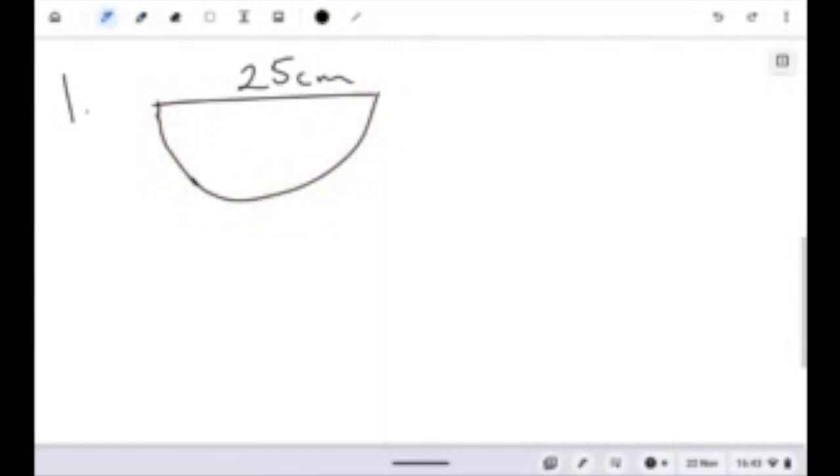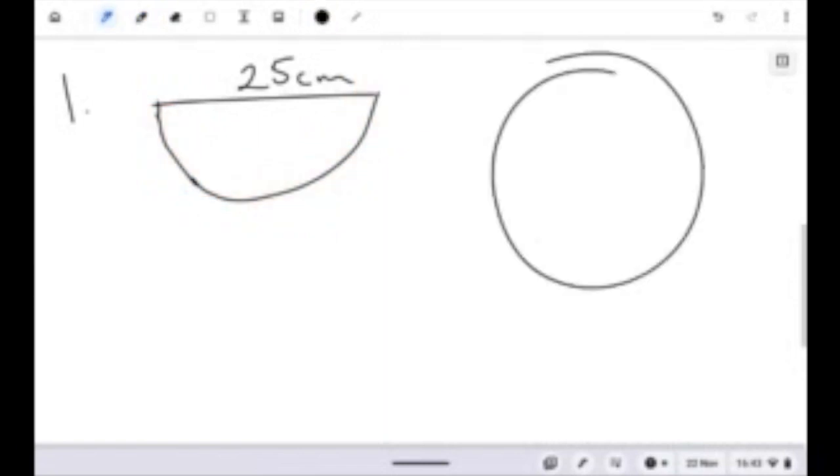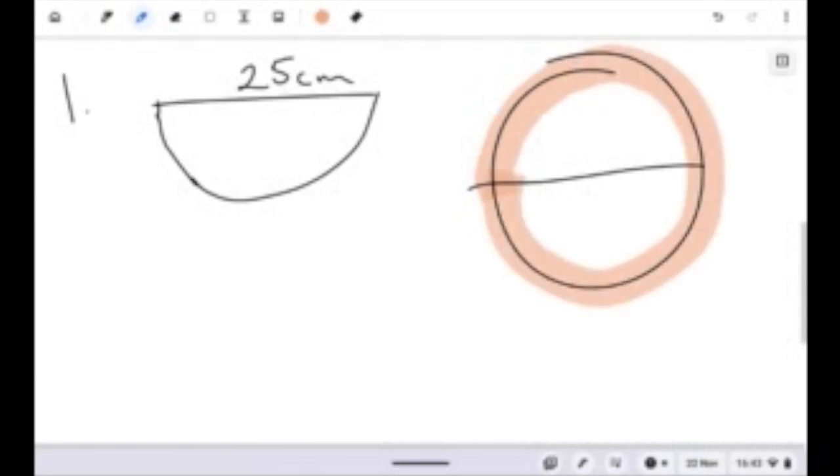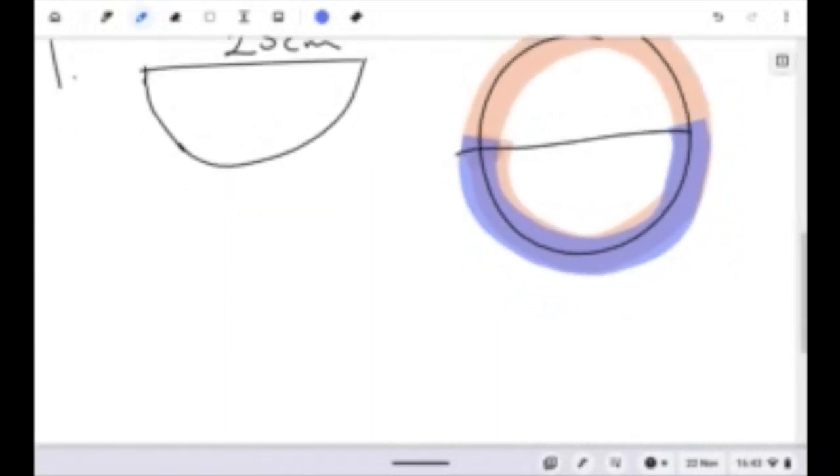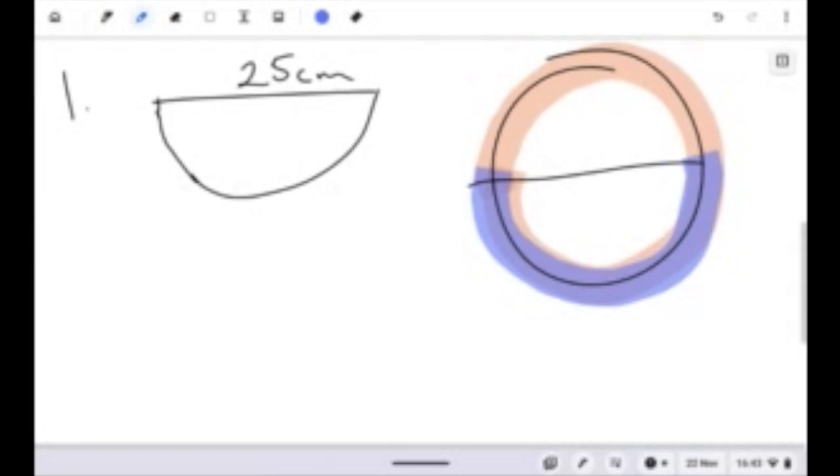Because if we draw an entire circle and cut it in half, I have a whole circumference around here, but only half of it is present in this photo that I've drawn. So if I wanted to find that arc length, I'm going to have to find the circumference, and I'm going to have to halve that.